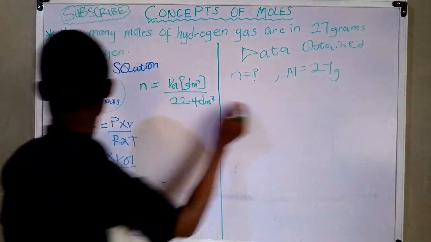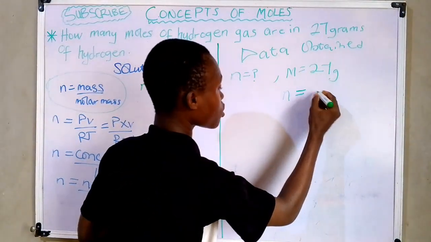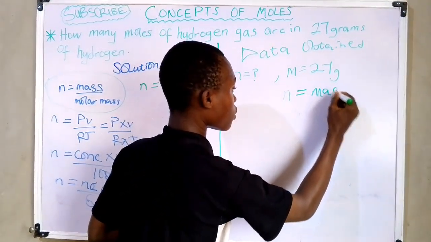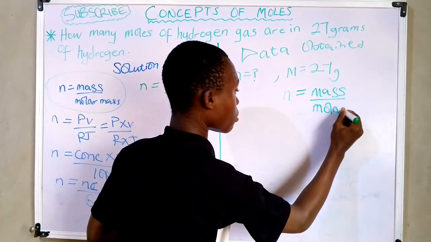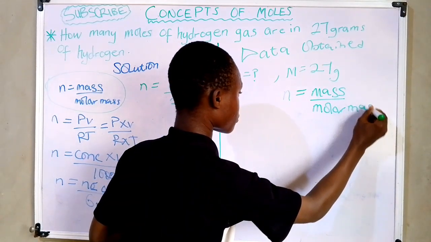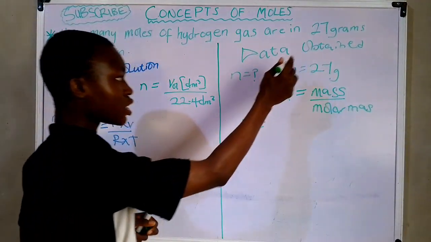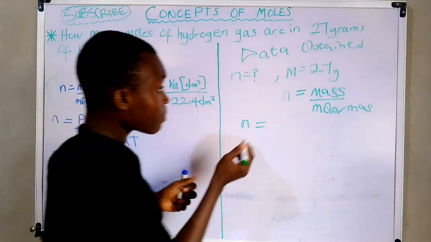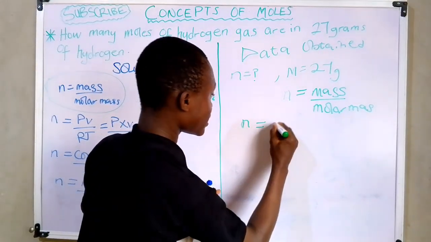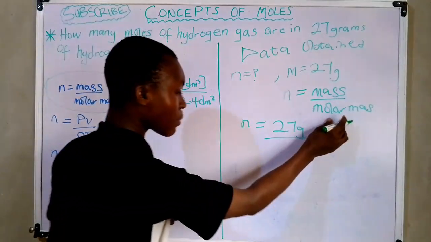Now we are going to insert our formula, which is n is equal to mass over molar mass. Number of moles is equal to the mass of this particular substance, which is simply 27 grams, over the molar mass.